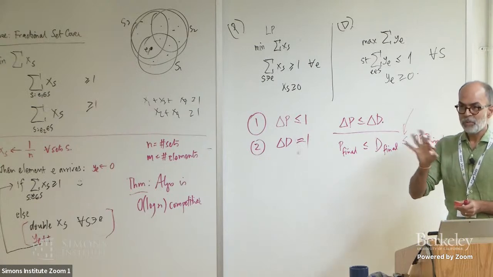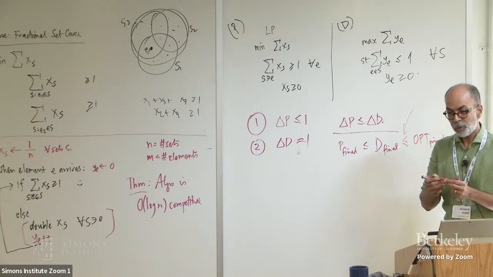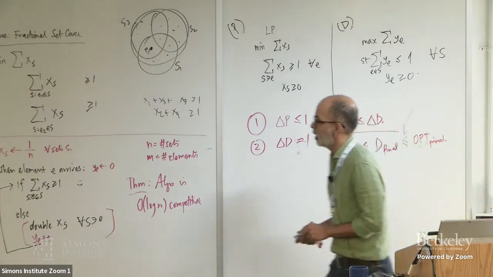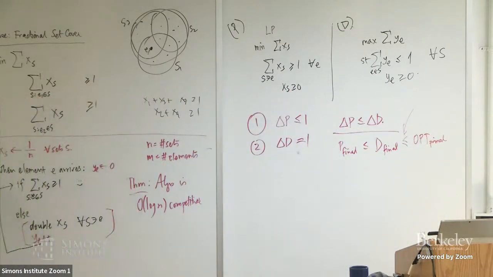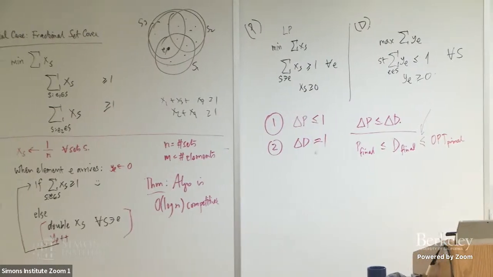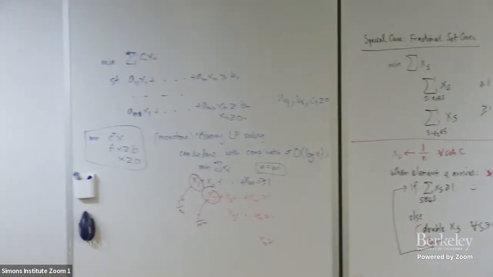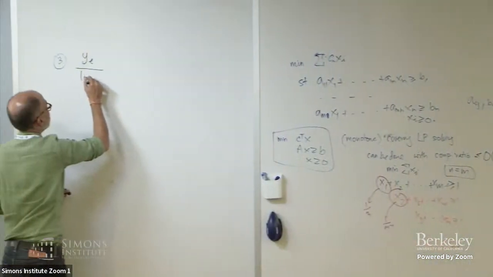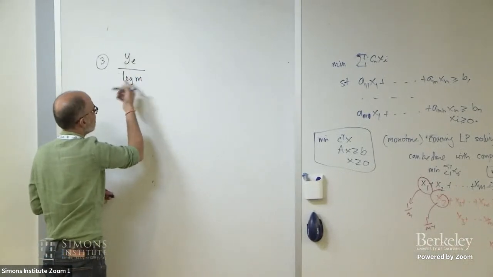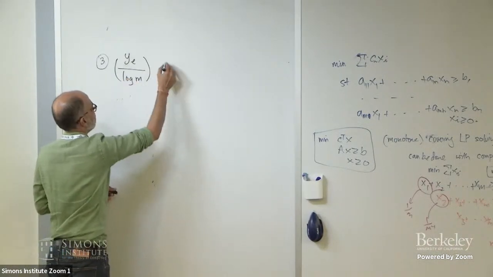So the dual is not going to be feasible. But what I'll show, and this is going to be the final step, step 3, is that the Y_E divided by, let's say, constant times log n, are feasible.